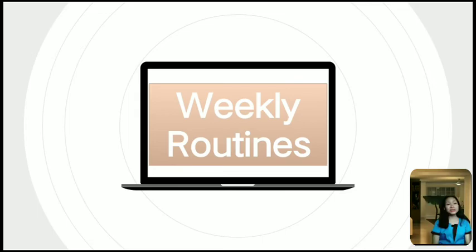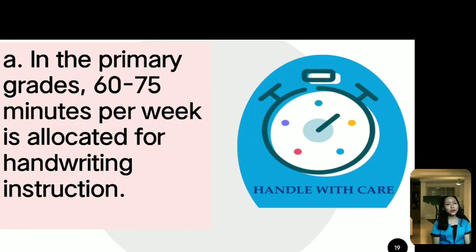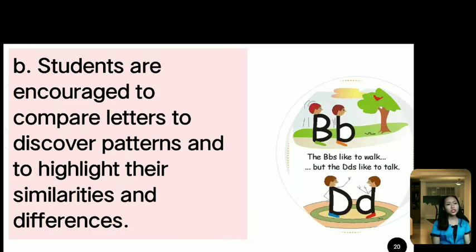First, in primary grades, 60 to 75 minutes per week is allocated for handwriting instruction. Second, the students are encouraged to compare letters, discover patterns, and highlight their similarities and differences. As a teacher, you must let the learner identify the difference between those letters.